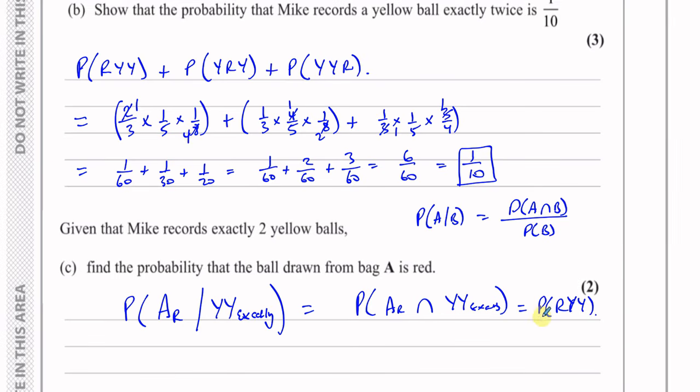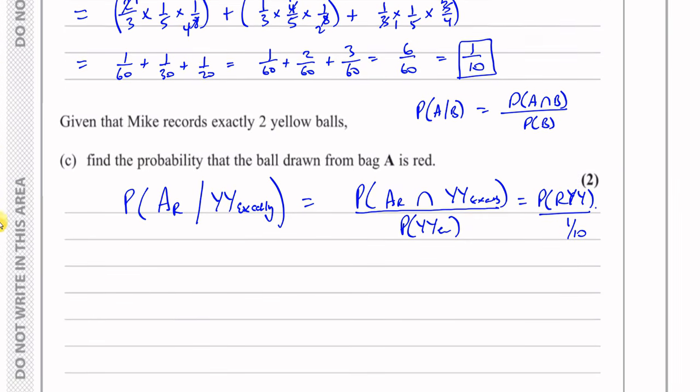So we found that probability, and you've got to divide that by the probability of exactly 2 yellows, which we've already found here, 1/10. So we basically have everything we need up here. The probability of red and 2 yellows is 1 over 60, and the probability of exactly 2 yellows is 1/10.